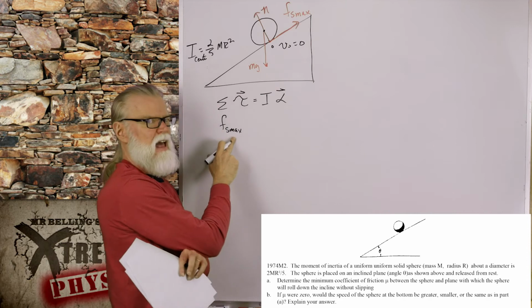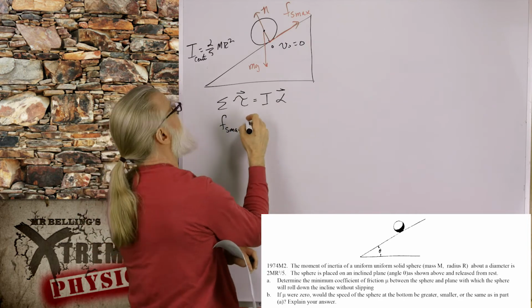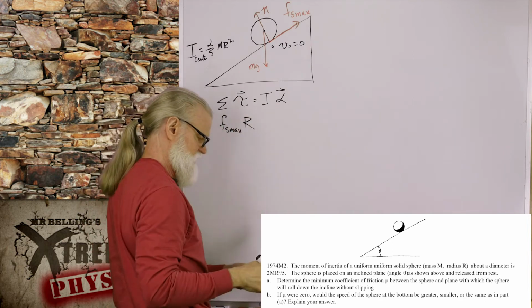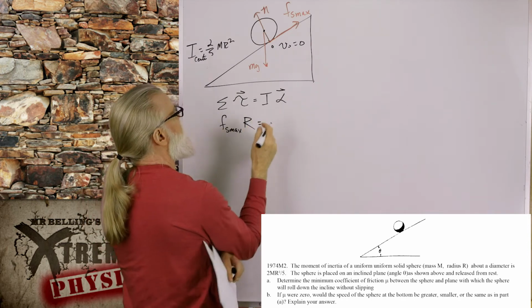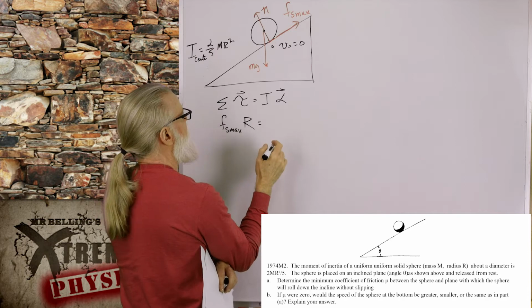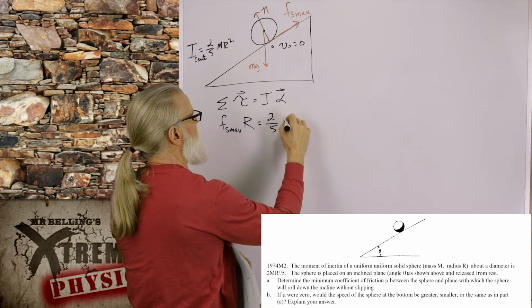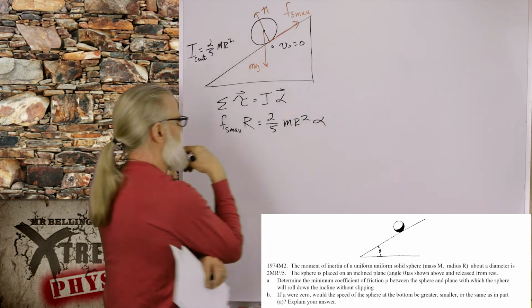That's got to be max. If it's just regular static, then we couldn't solve this. It's right at its ragged edge, times r, the radius of that thing. And then this equals 2/5 mr squared times alpha.